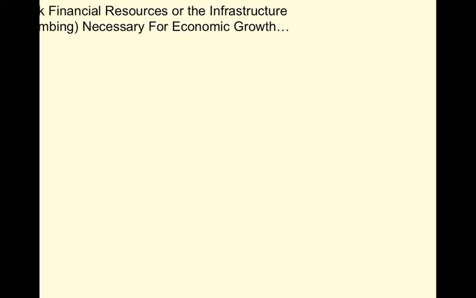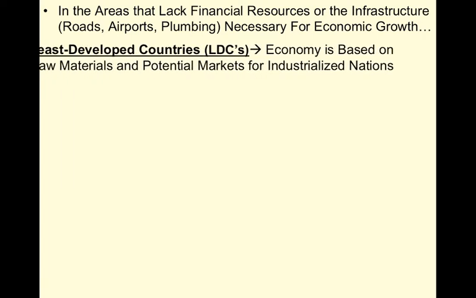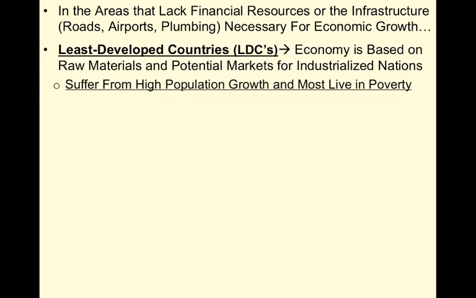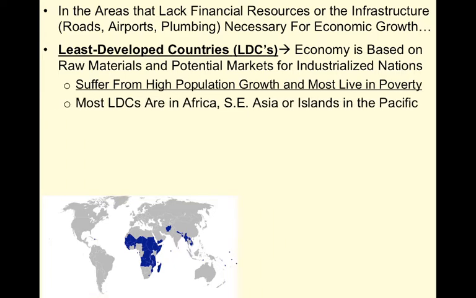And then lastly, we have our least developed nations, aka our LDCs, sometimes still referred to as third world countries. These countries' economies are based off of raw materials. They produce raw materials, and the developed nations turn them into manufactured goods for a higher cost.